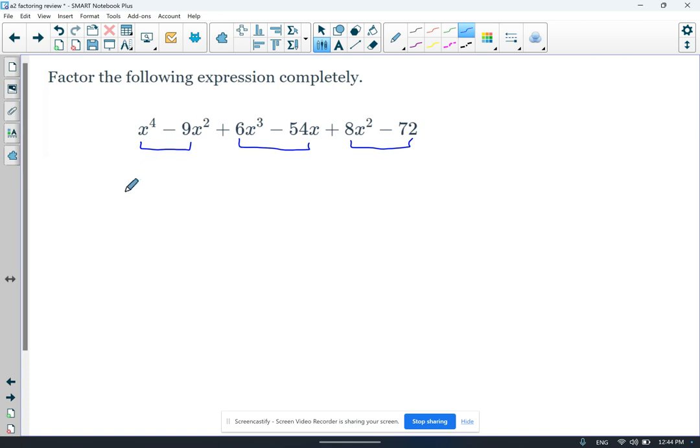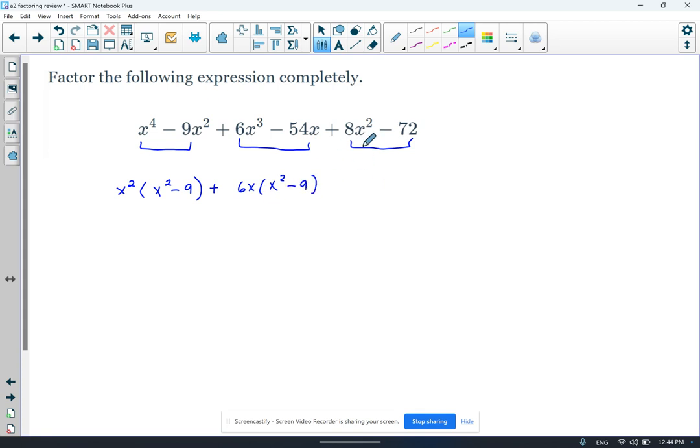So I notice my first pair, there's a common factor of x squared, and I'm left with x squared minus 9. For my second expression, I notice there's a common factor of 6x. 6x cubed divided by 6x is x squared, and 54x divided by 6x is minus 9.